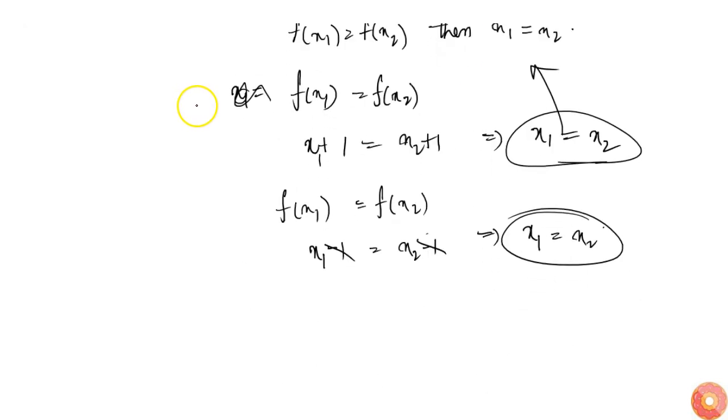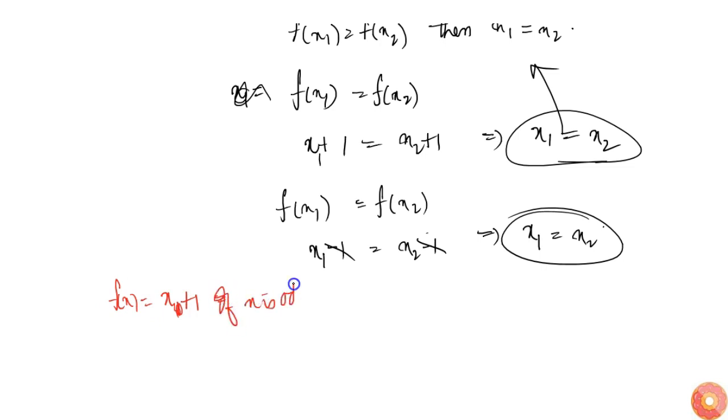Now let's see. The given function is f of x equal to x plus 1 if x is odd, and equal to x minus 1 if x is even.